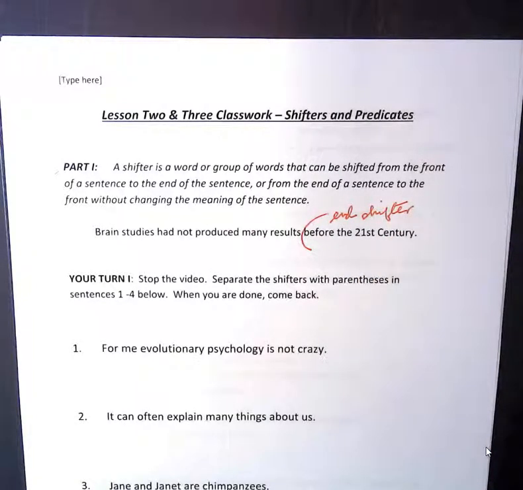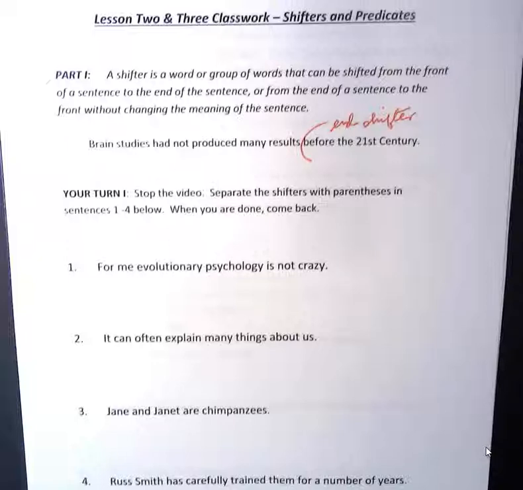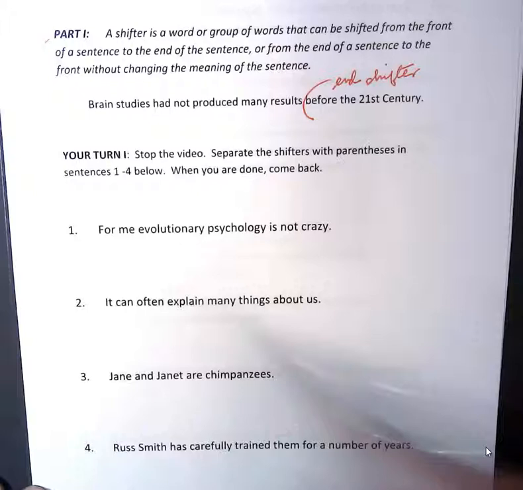Okay, so please stop the video for a minute and take a look through sentences 1 through 4 below and find the shifters. When you're done, come back and we'll take a look together. Let's take a look at number 1.